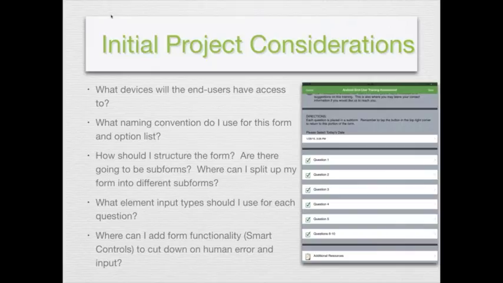And there's spelling errors and maybe they put in the totally wrong kind of input altogether. So by adding form functionality, you're able to cut down on that post-data cleansing process. If that's something you're interested in learning more about, our next session at the end of June will be on how to create smart forms and adding some of that form functionality.